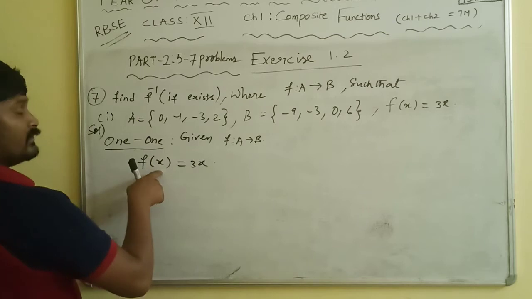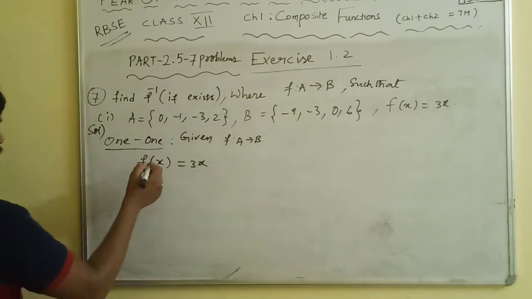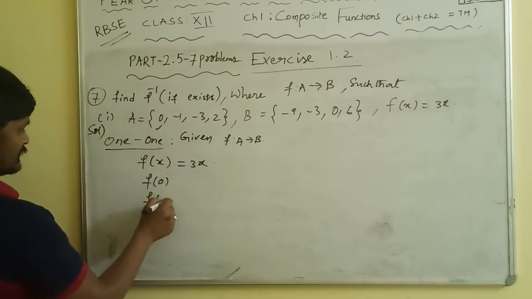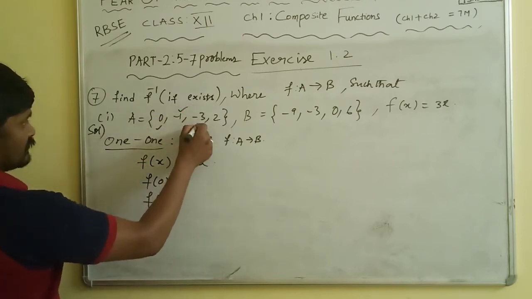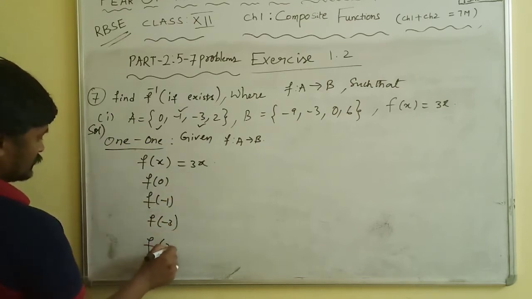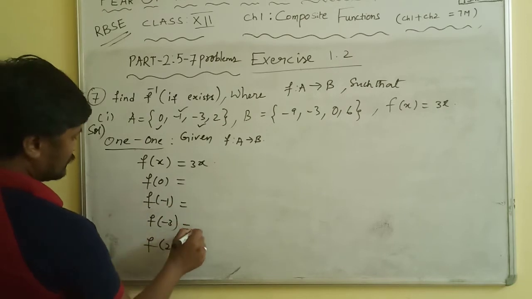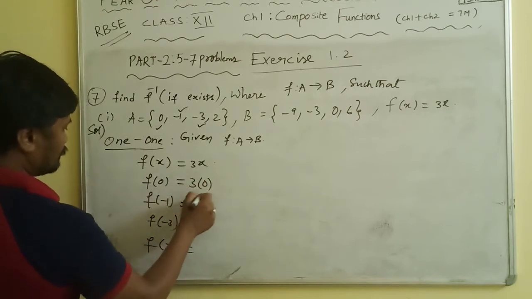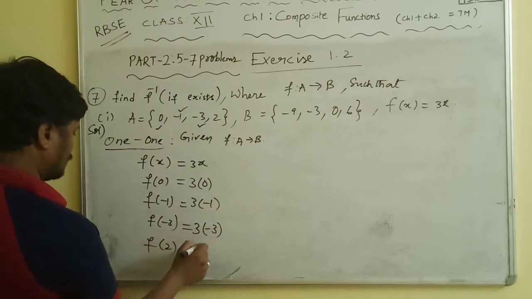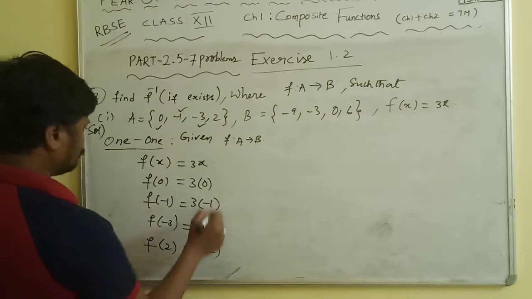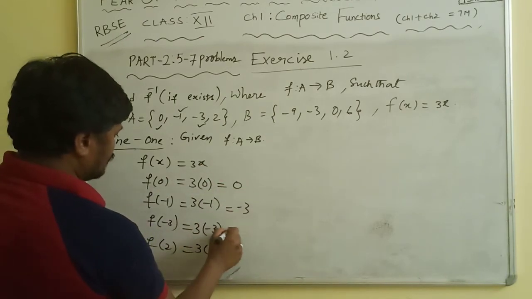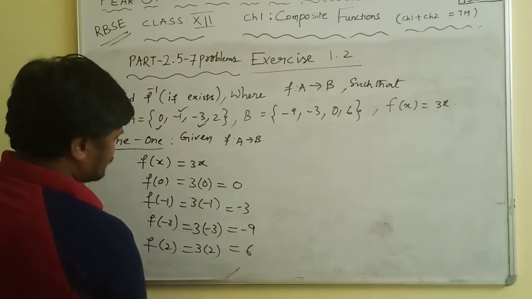So the A values you need to substitute to get the B values. So f of 0, then minus 1, next minus 3, next 2. Just substitute: 3 into 0, 3 into minus 1, 3 into minus 3, 3 into 2. So now we get 0, minus 3, minus 9 and 6.